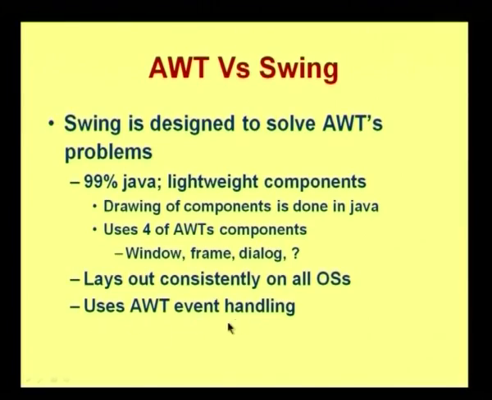Swing lays out consistently on all operating systems and uses AWT event handling. In your Swing components, it is a lightweight process, uses only Java, and the look and feel does not change with respect to the platform. The look and feel will be the same when you load Swing components on any platform, and the event handling mechanism is used from your AWT events.